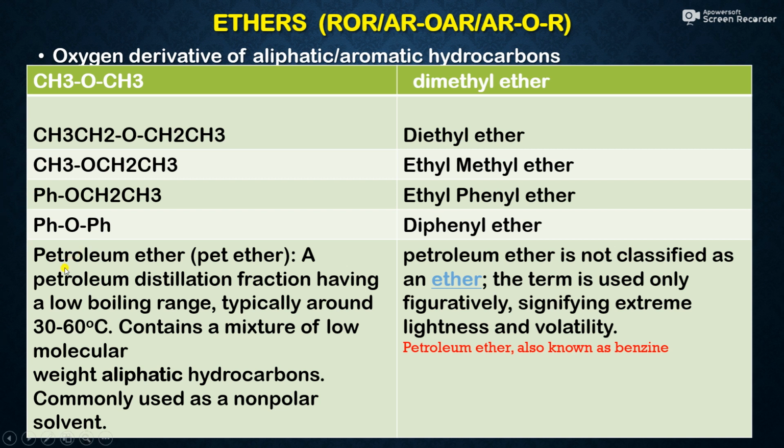Friends, we always use petroleum ether in our laboratory. It is also known as pet ether. What is pet ether? A petroleum distillation fraction having a low boiling range, typically around 30 to 60 degrees Celsius, containing a mixture of low molecular weight aliphatic hydrocarbons, commonly used as a non-polar solvent, is known as pet ether.